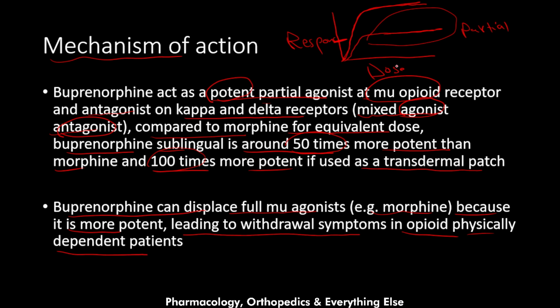Because it is a partial agonist, when it binds to the receptor instead of morphine, it would give lesser effect. And this would lead to withdrawal symptoms. The patient is physically dependent on a certain effect, and when you displace the morphine and give them lesser effect, they would get withdrawal symptoms.